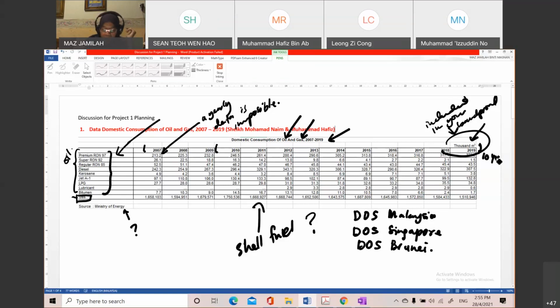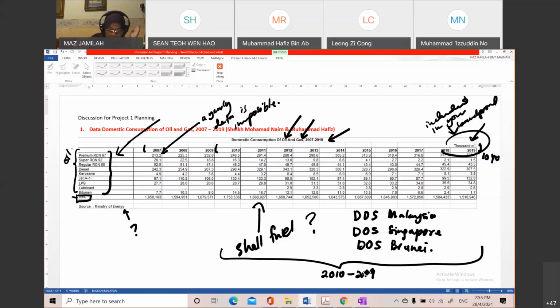If so, then make sure your second objective, third objective, fourth objective are also referring to the 10 years that you have specified, concentrating from 2010 until 2019.